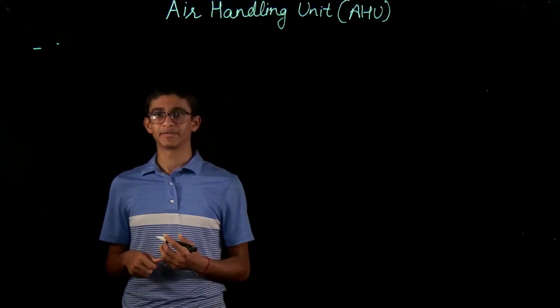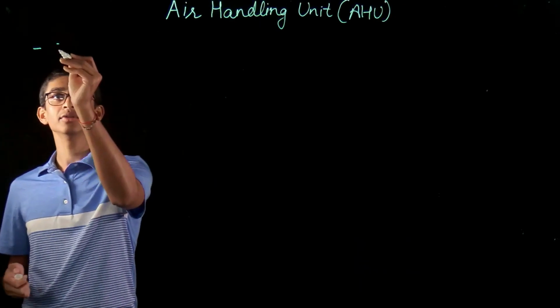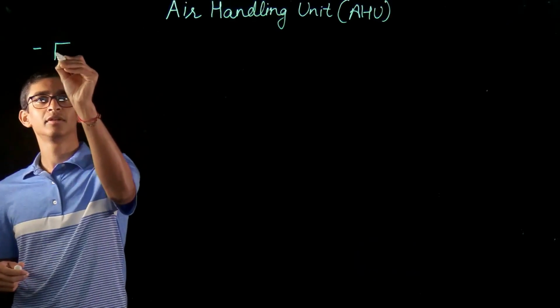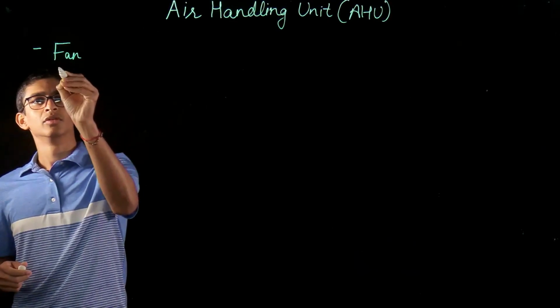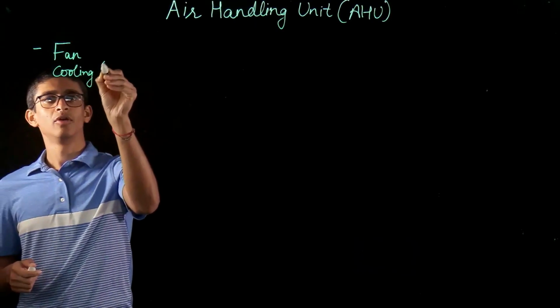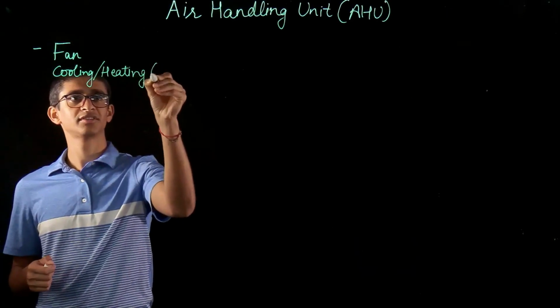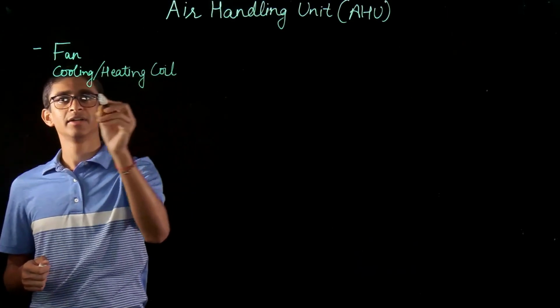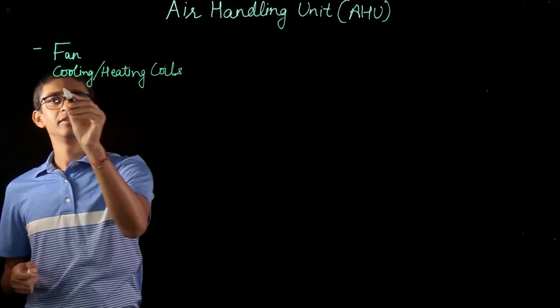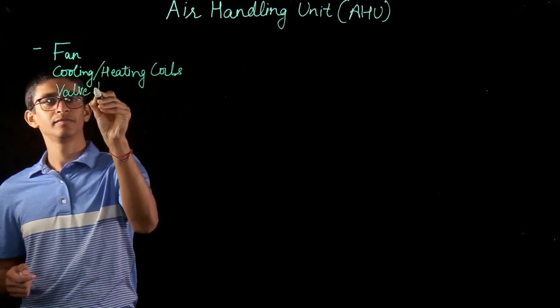which gives you a cooling or heating effect. So in an air handling unit, what we usually have are a fan, cooling or heating coils, usually both types of coils in our air handling unit. Then we have valves to control flow.